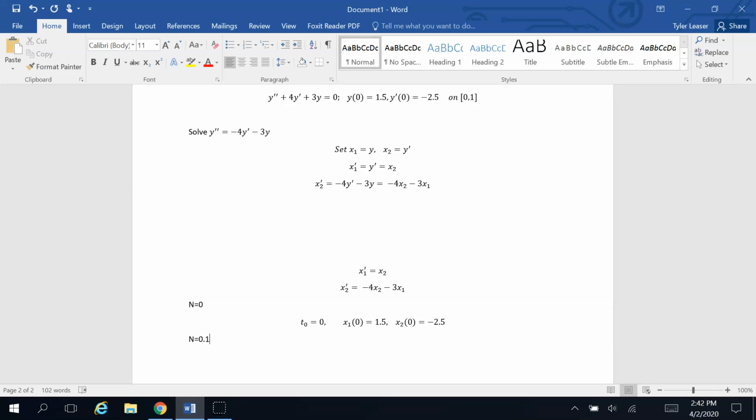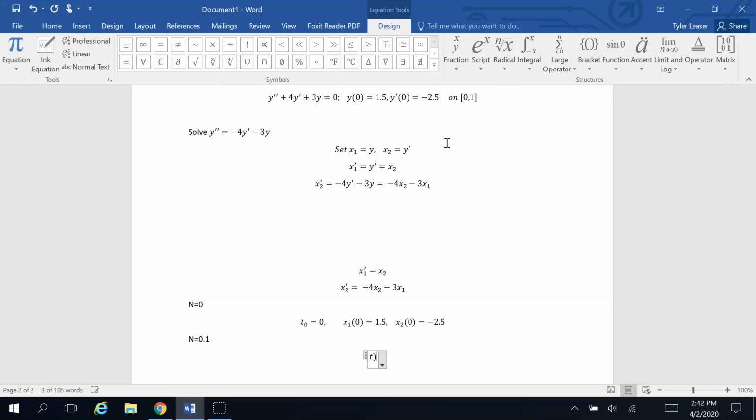So if we're making steps of 0.1, then my next step is at 0.1. So we're going to have t, the next t value, which is at 0.1, of course, is just taking the previous value 0 and adding that 0.1. But then we're going to be looking at my first function, x sub 1, at the step value 0.1.